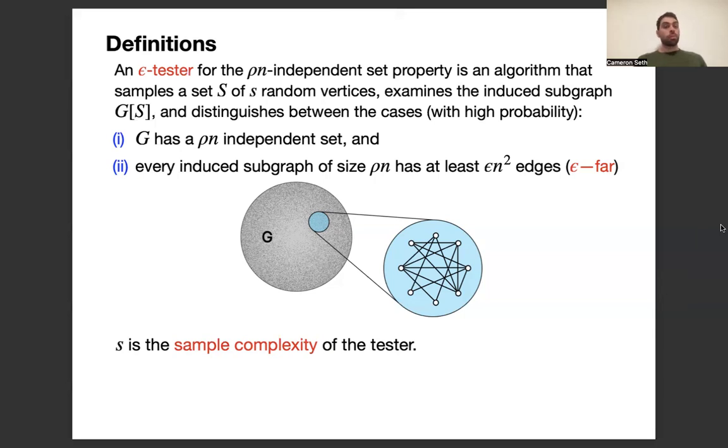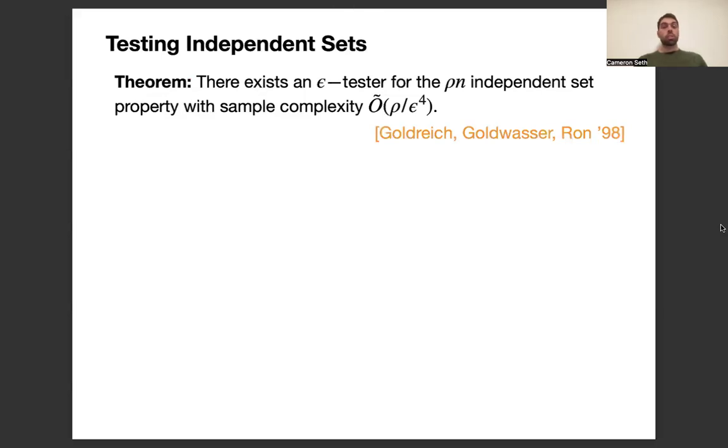And S, the number of vertices, is called the sample complexity of the tester. So ideally, we want the sample complexity to be as small as possible. And so now, rewritten using these definitions, the Goldreich, Goldwasser, and Ron theorem says that there exists an epsilon tester for the rho n independent set property with sample complexity rho over epsilon to the 4.